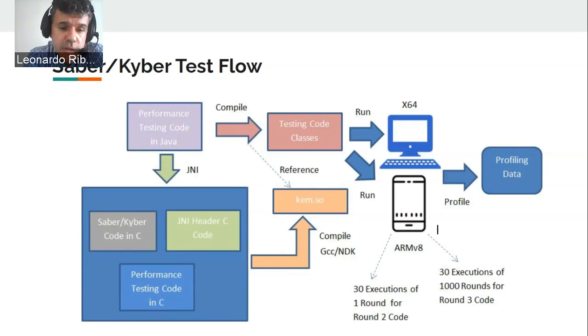We also created a performance test code in C, so it could be used to communicate with the Saber and Kyber code and the files that were created through the Java Native Interface. After the creation of these files, we compiled them.